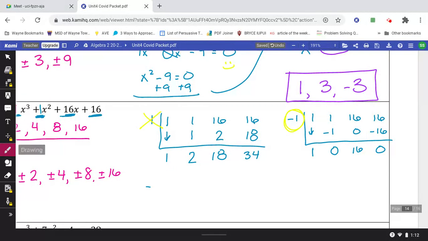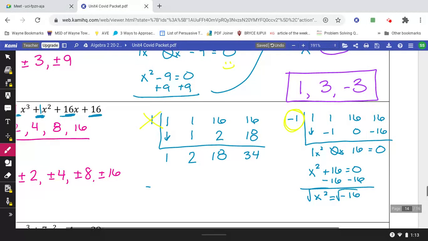Now I just need to find the rest. I'm going to write my depressed equation. X squared, x, constant, and equals 0. I'll write that even better by writing x squared plus 16 equals 0. Notice I don't need that 0x. Subtract 16 from both sides. And square root.